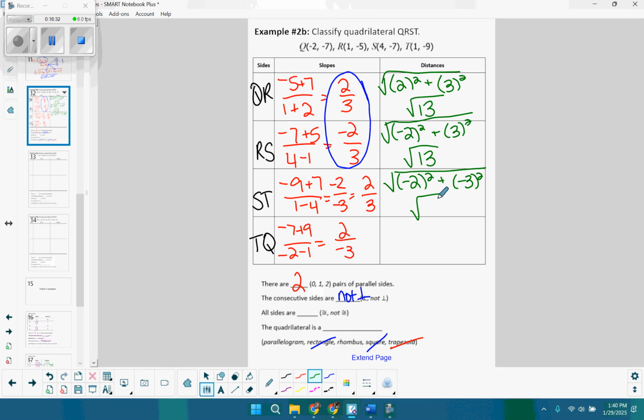That's 4 plus 9, or 13. And for this one, we're going to use the 2 and the -3. 4 plus 9 is 13. So all four distances were equal. All sides are congruent. So out of parallelogram and rhombus, that makes this a rhombus.